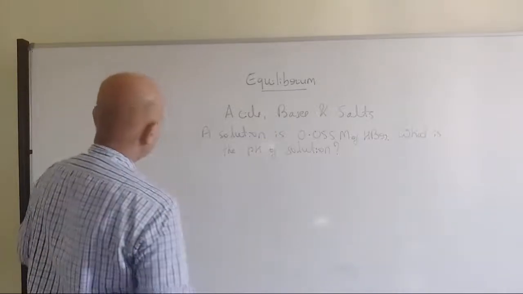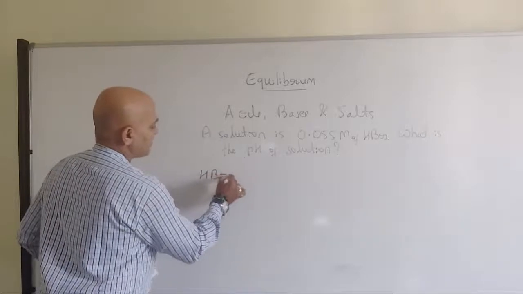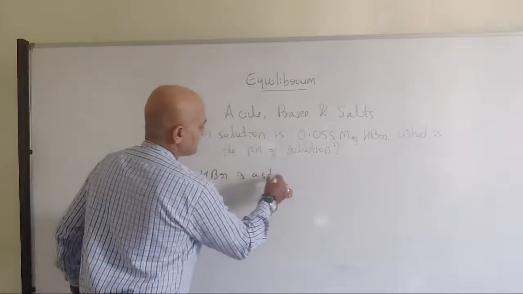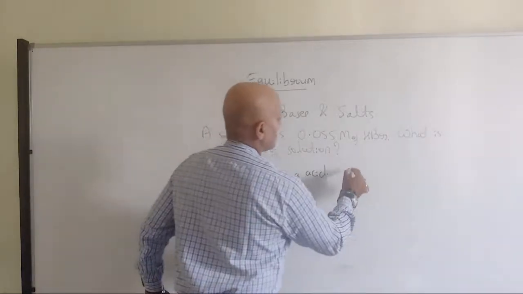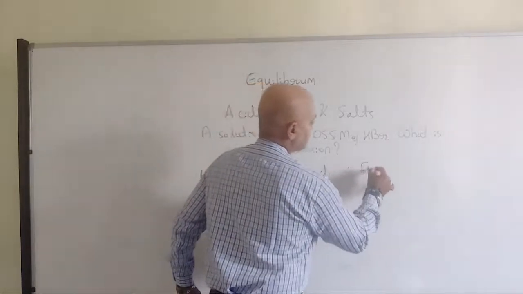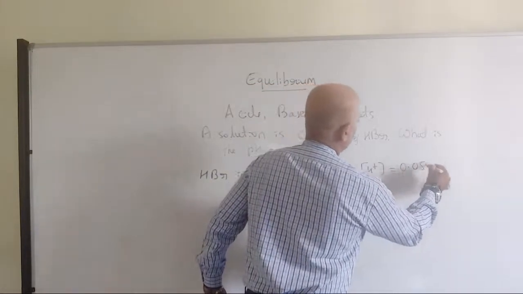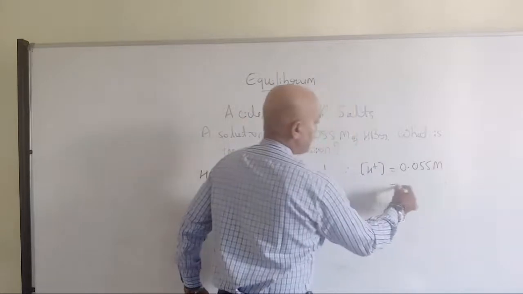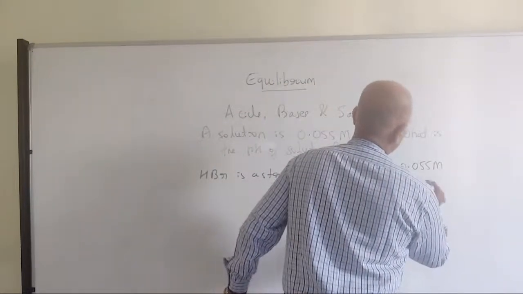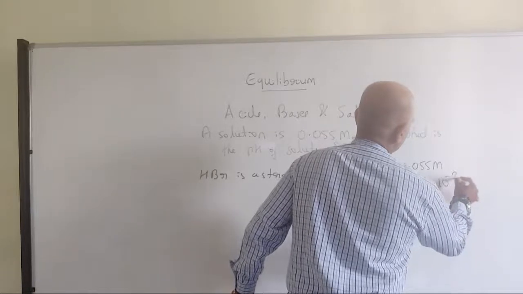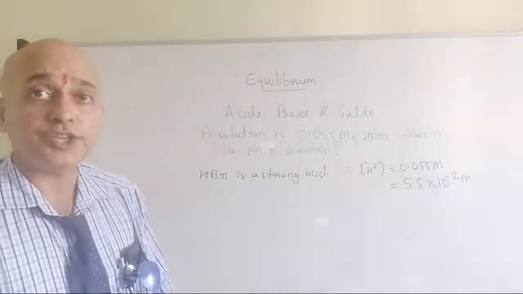So based on that we can tell that since HBr is a strong acid, definitely the H+ concentration will be equal to 0.055 molar, or we can write it as 5.5 × 10^-2 molar.